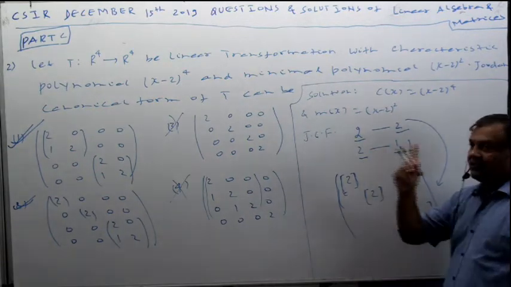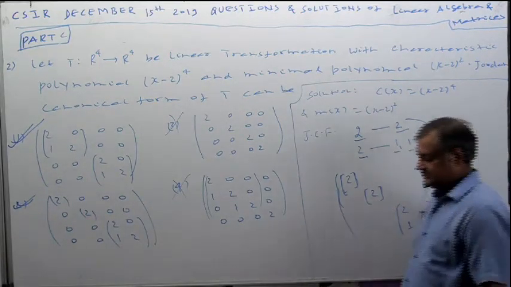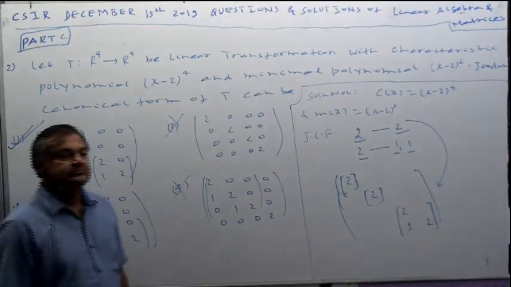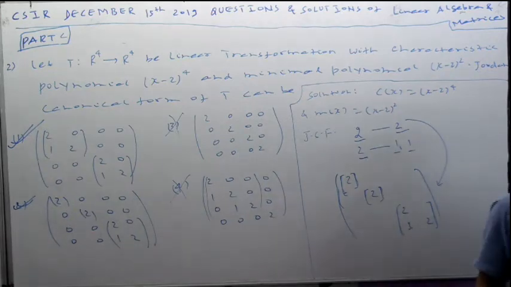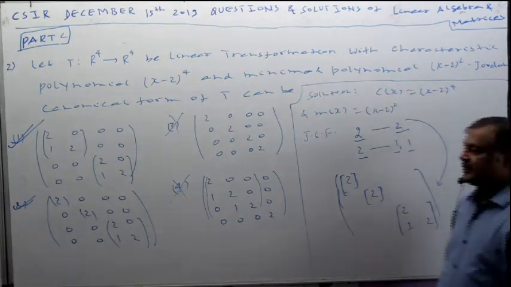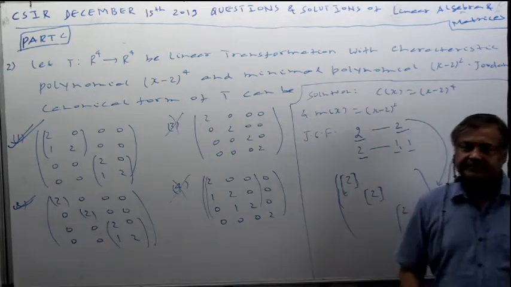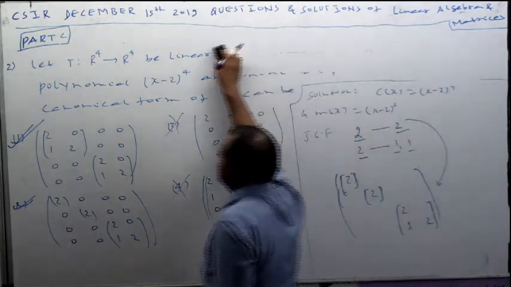These are the orders of the diagonal blocks. Any doubt, any trouble, any tension? So the first and second options are correct.